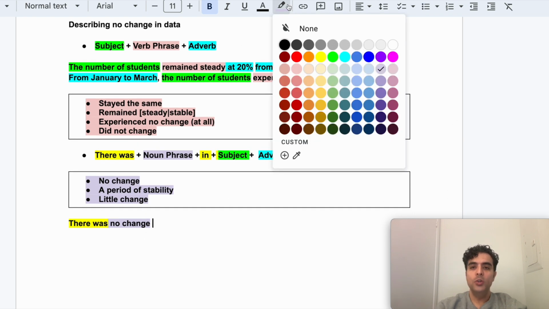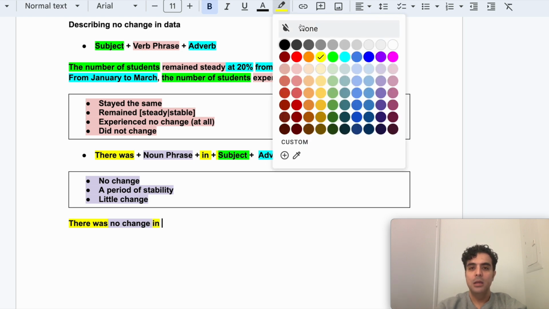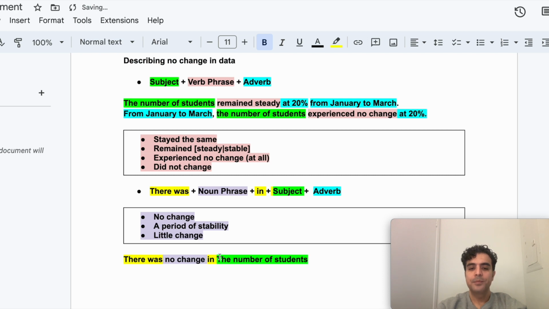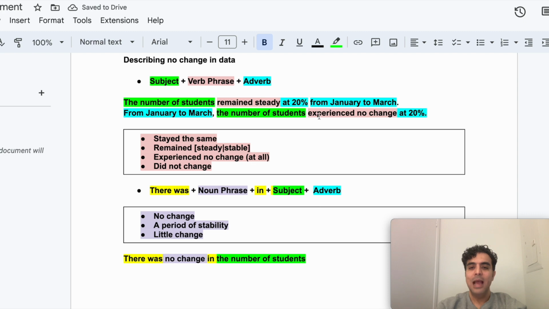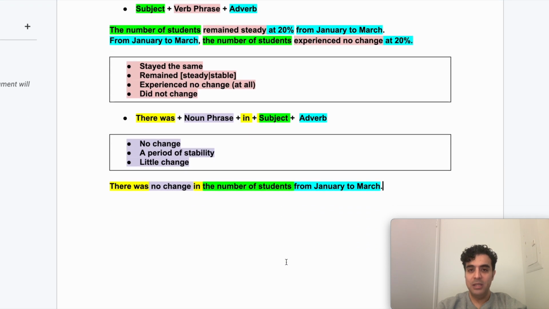There was no change. Now I'm going to add the preposition in. And then following this, I'm going to add my subject, which is the number of students, right? So this is something I can copy. There was no change in the number of students. And then I'm going to mention the time from January to March. But I haven't mentioned the amount. Remember, there was no change in the number of students.